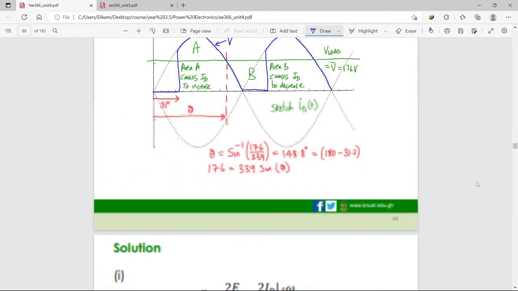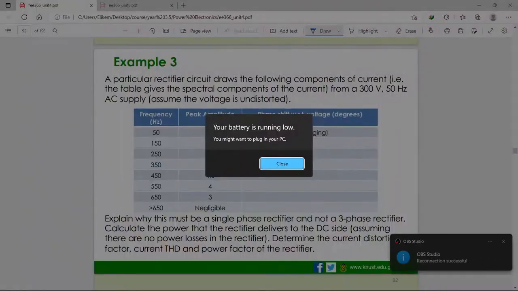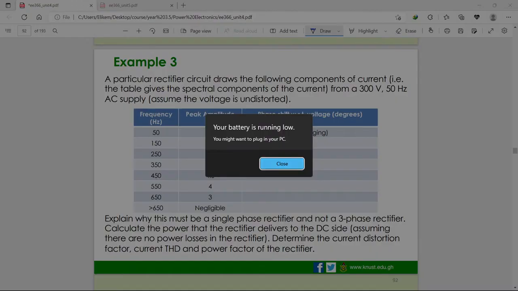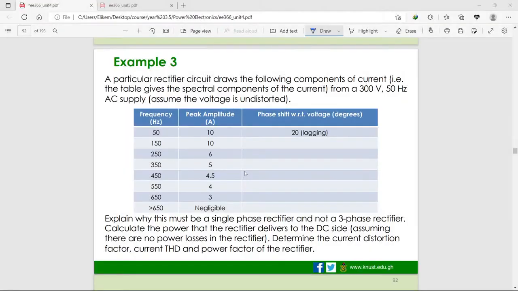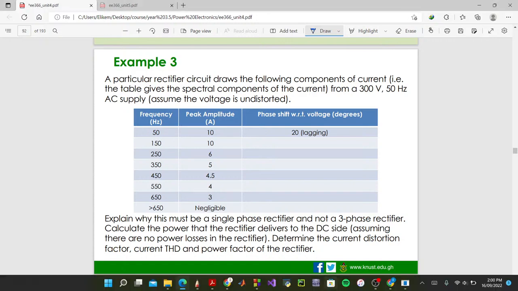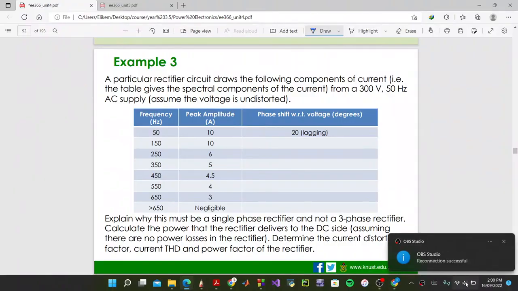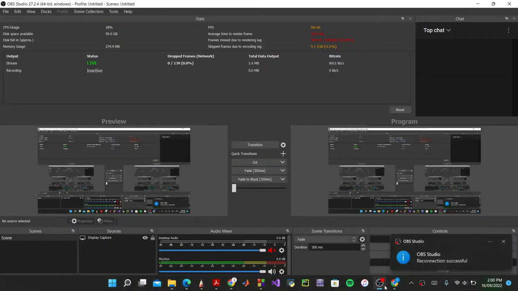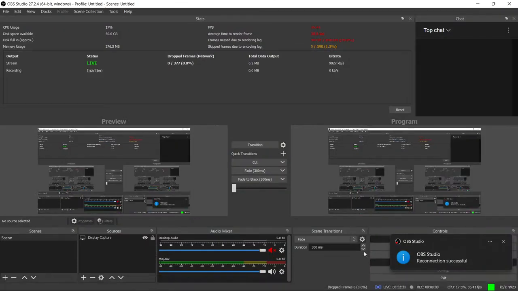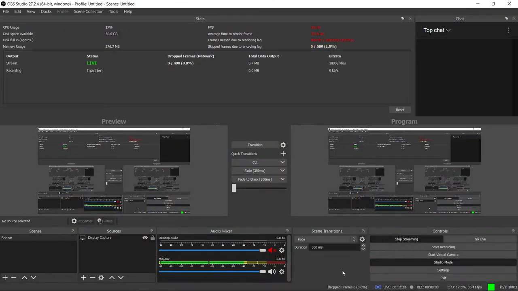It's left with the three phase. Hello, hello. You're reconnected.